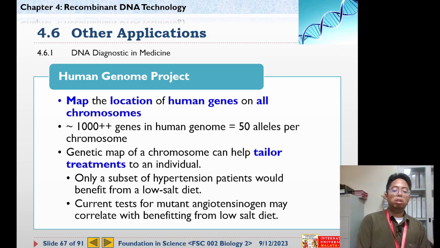Current tests for mutant angiotensinogen may correlate with benefiting from a low salt diet. If you have a mutant angiotensinogen, which is a protein that gives a signal for the kidney to reabsorb salt, then it might cause high blood pressure. Those types of people might benefit from a low salt diet, but others probably cannot.